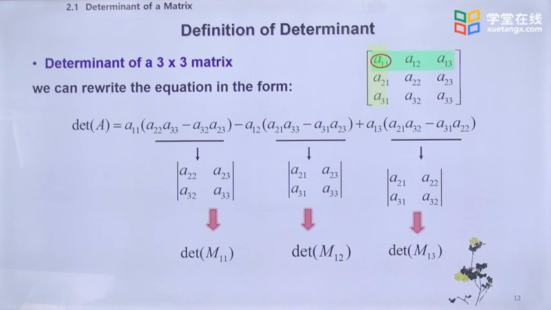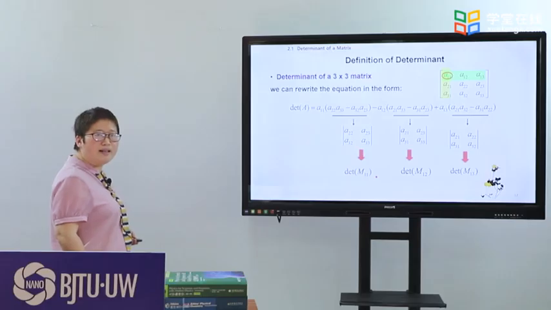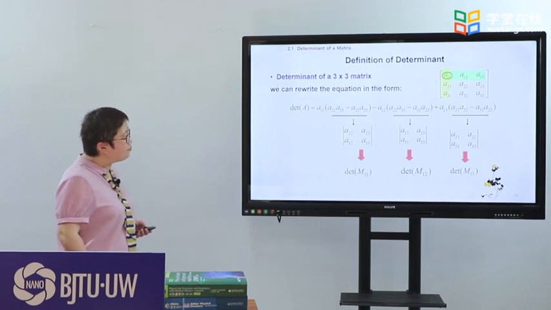We can rewrite the equation in this form. The determinant of A equals A11 times this term minus A12 times this term plus A13 times this term. In the bracket, the first term you can write as the determinant of a 2 by 2 matrix: just delete the first row and the first column of this matrix A, and you calculate the determinant of the submatrix M11.